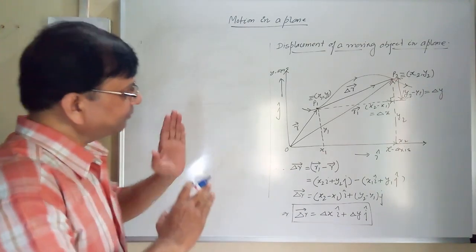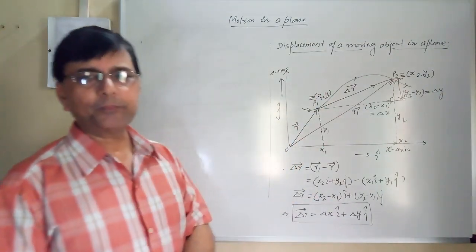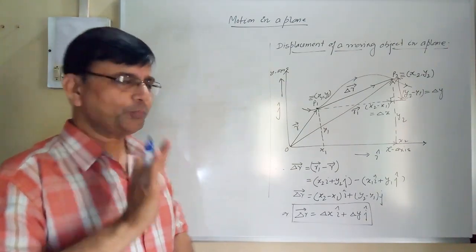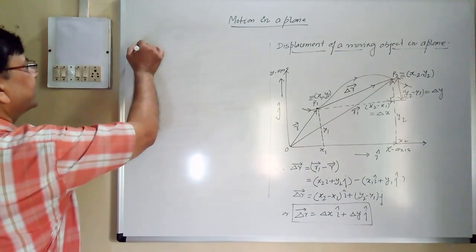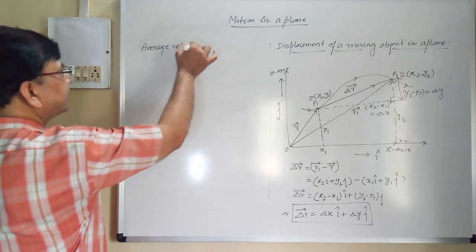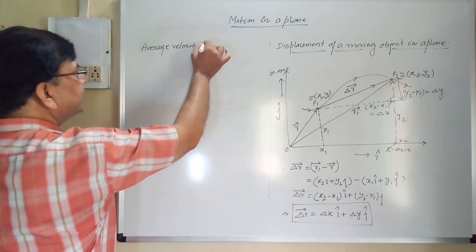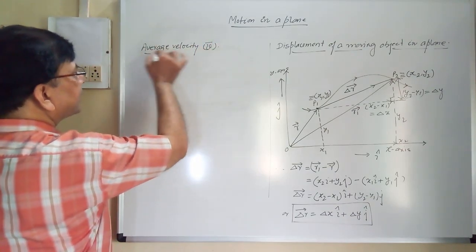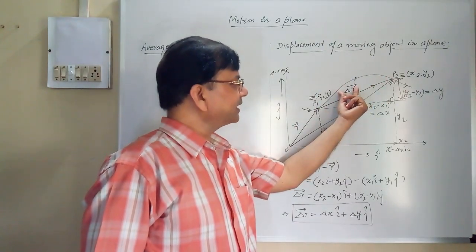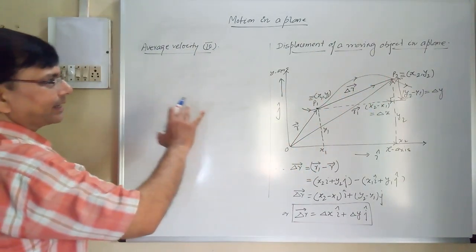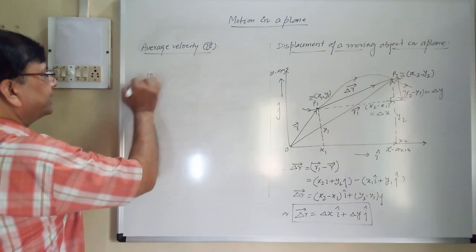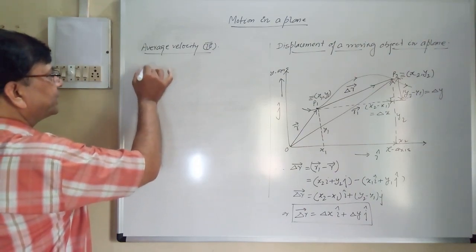Now, if the position changes from P1 to P2 and the time taken during motion of the object from P1 to P2 is delta t, we will get the average velocity denoted by v bar. From here to here, displacement is delta r. If the time taken from P1 to P2 is delta t, therefore v, it is a vector quantity, and we are putting a bar over it.